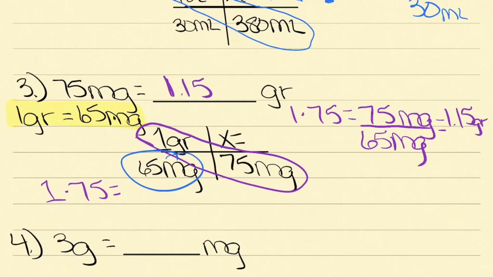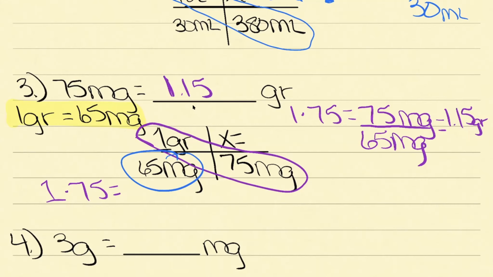So you know that your answer should be at least 1 and some change. Your answer should be a little over 1 because 65 milligrams equals only 1 grain, and I have 75 milligrams. So I know it should at least be more than 1 grain. But it shouldn't be too much more, just a little bit, but it definitely shouldn't be under. So that's why I say you have to make sure your answer makes sense.